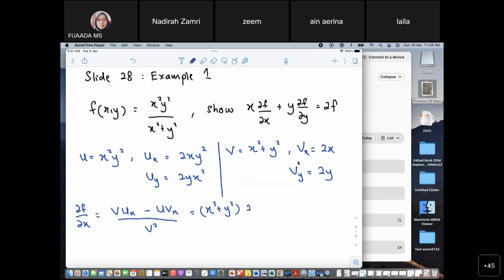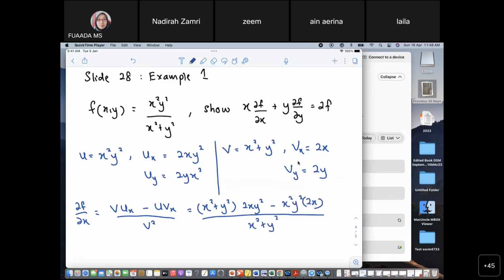Ux is 2xy squared. Negative u is x squared y squared. Vx is 2x, divided by v squared. Okay.